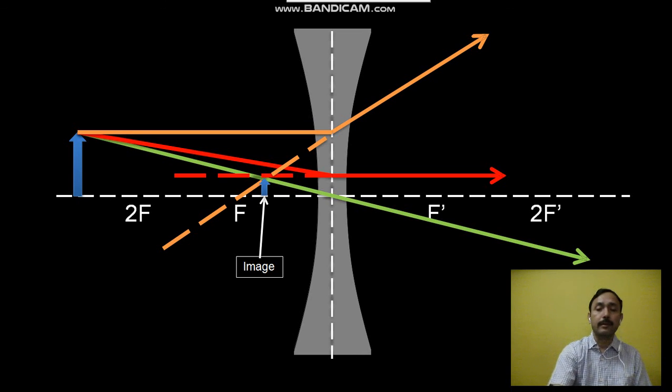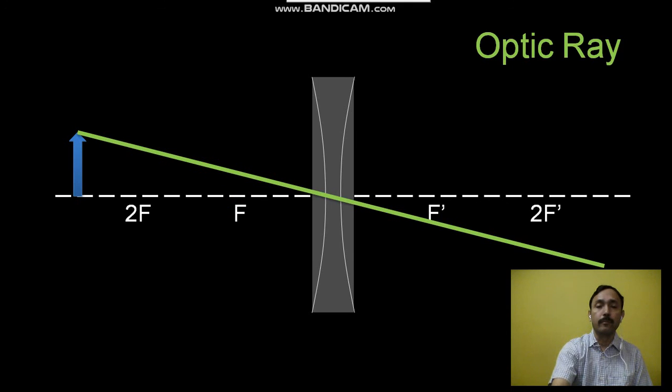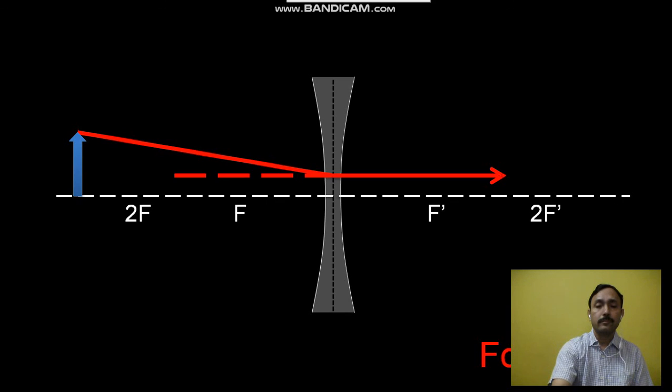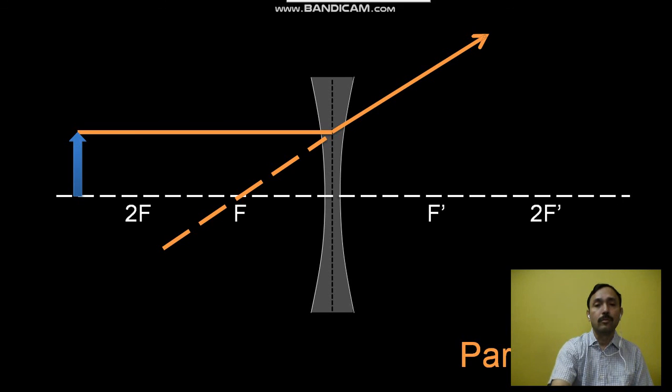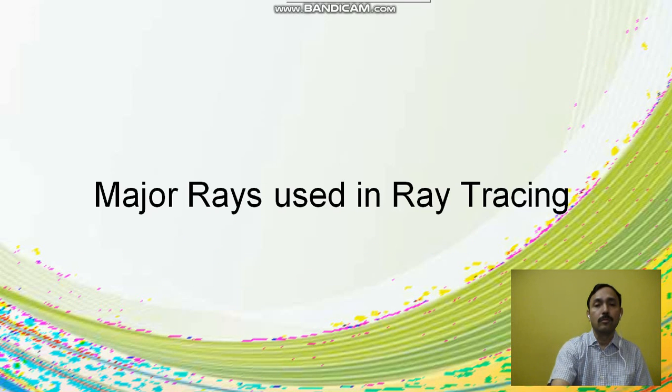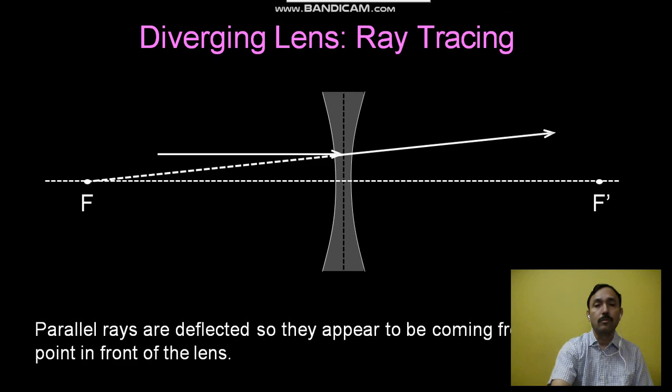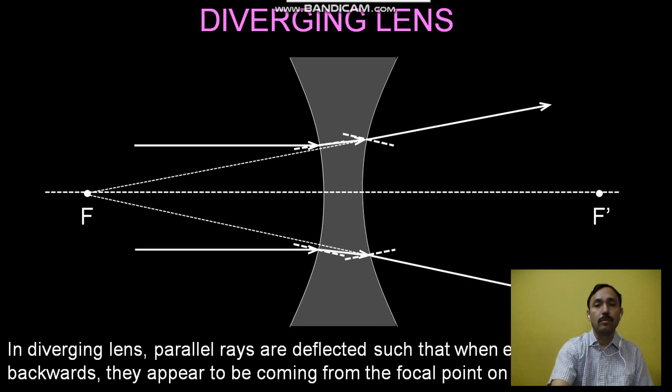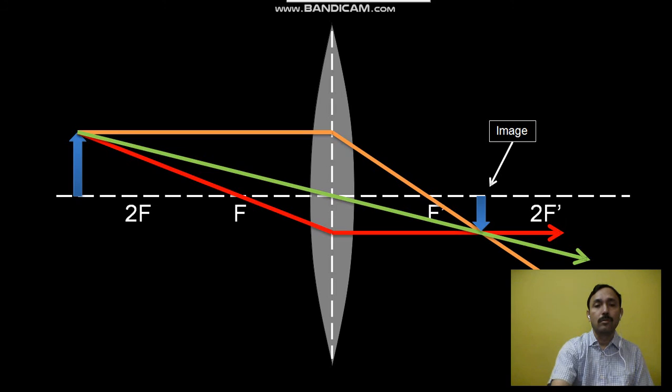For the initial case, for the biconvex lens, we have found the image is produced in between F and 2F dash.